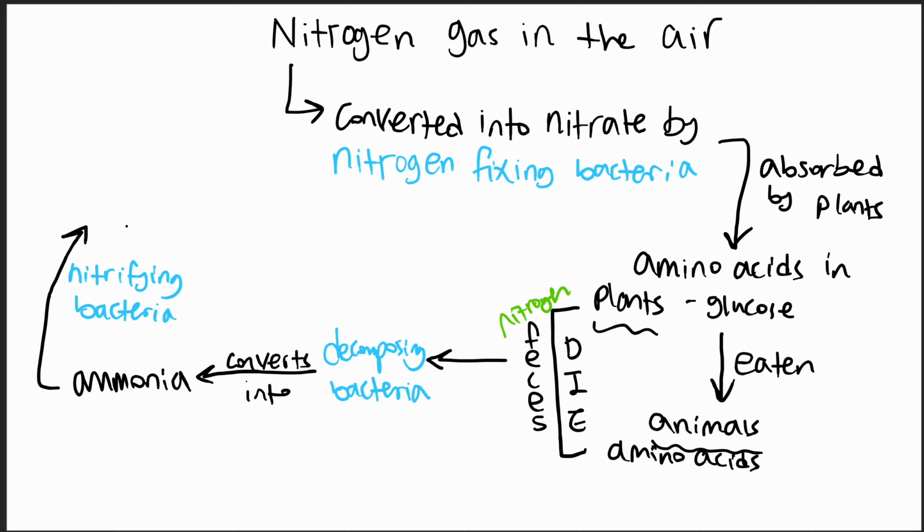So nitrifying bacteria converts it back into nitrate, where it can now be recycled. And essentially this is a cycle that repeats. The only source of new nitrogen is the nitrogen in the atmosphere. But not all the nitrate gets converted into nitrogen. Nitrate gets absorbed by the plants again. Some of it gets converted by our fourth and last bacteria, known as the denitrifying bacteria.